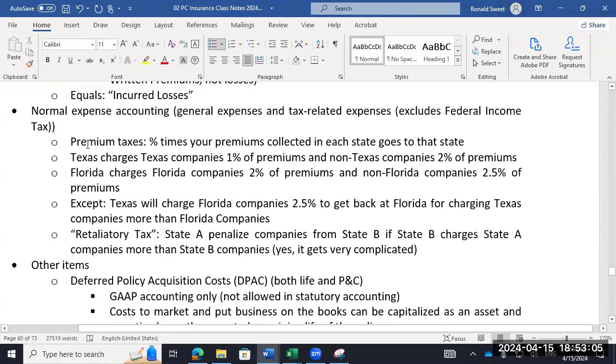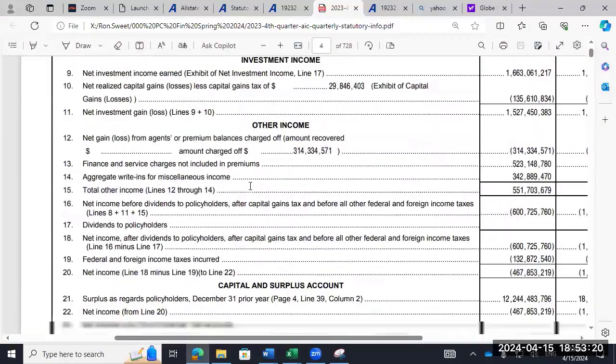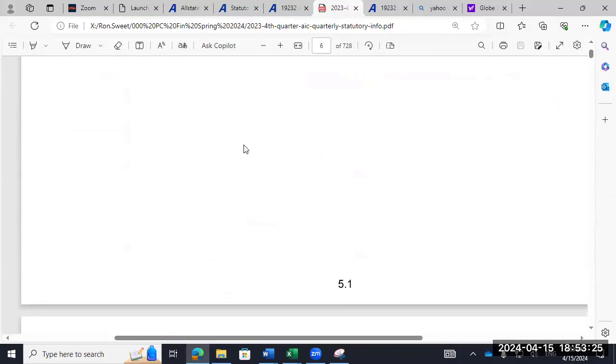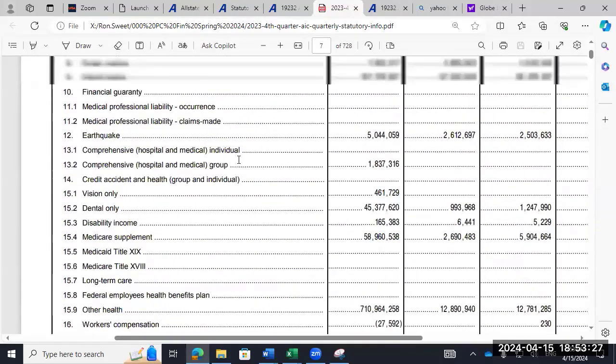The normal accounting is they have taxes, but they pay the states. Their expenses, they have salaries, benefits, the normal expenses that you have, and you can actually see those in here. They have an expense exhibit. Look at this.